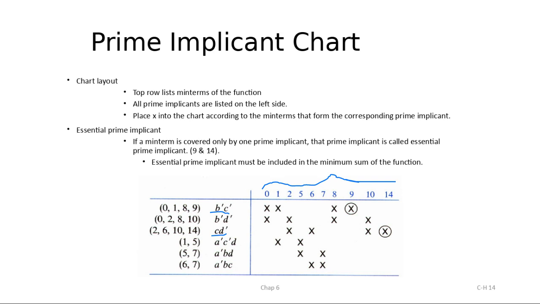When you use not B and not C, that means you use 0 and 1, you use 8 and 9. Also, you have to use this one, right?